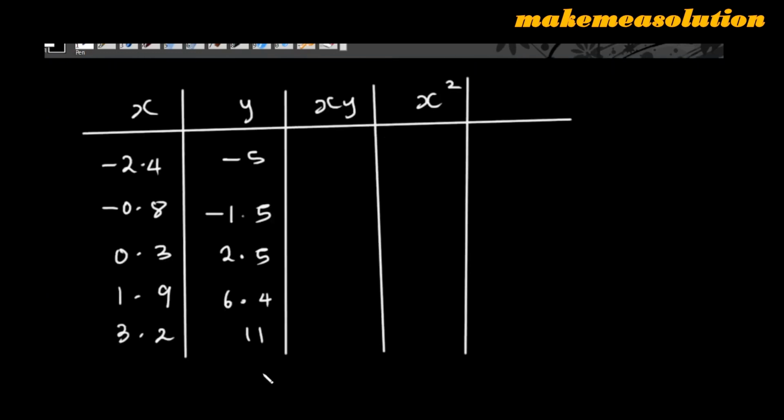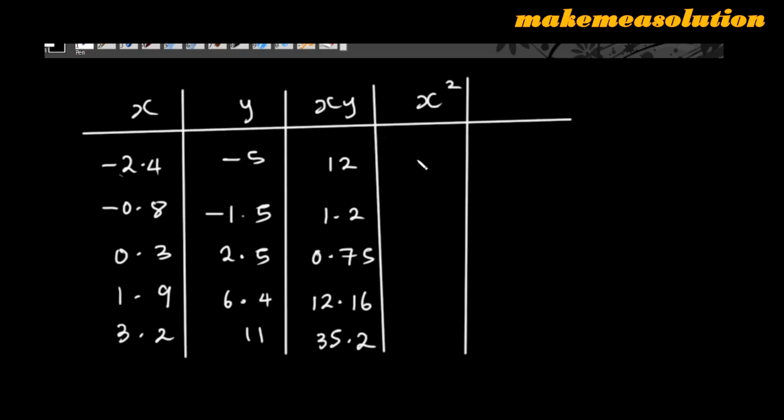All right, your xy is the product of x and y values. If you have a calculator, you can verify it along with me. Since I've solved it on a rough sheet because of time, just verify how accurate it is. So this times this will give you 12, this times this will give you 1.2, this is 0.75, this is 12.16, and this is going to give you 35.2.